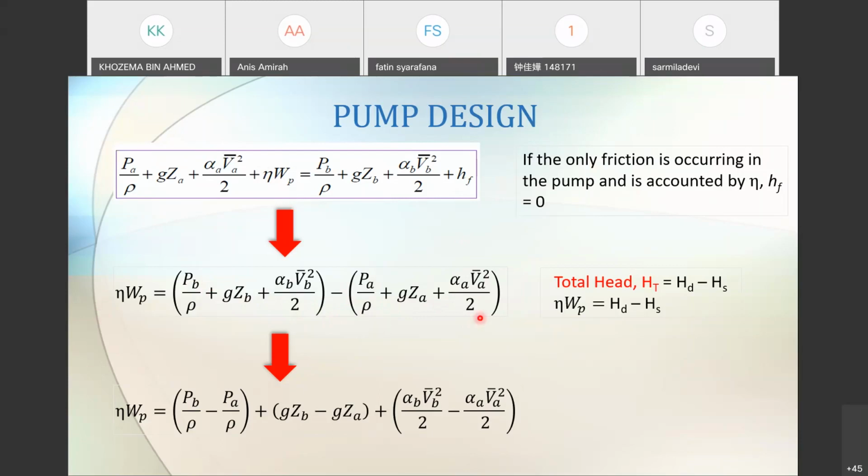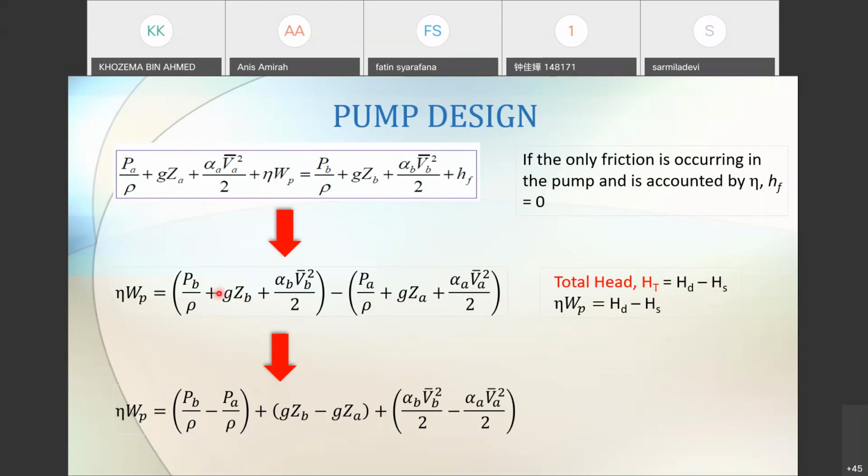Because earlier we mentioned that the equation for total head is HT equal to HD, the total discharge head, minus HS, the total suction head.